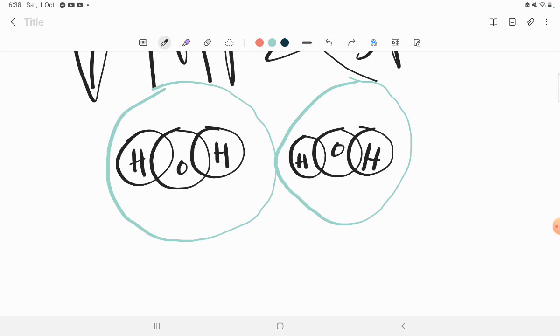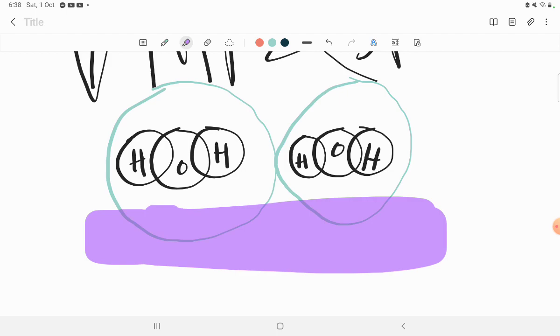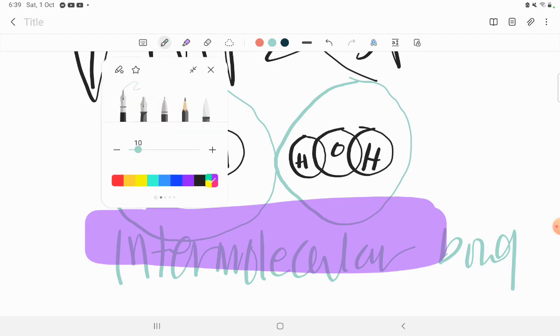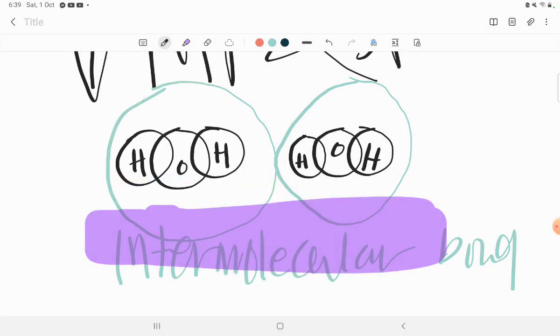because the bond here, we call it the intermolecular bond. The intermolecular bond itself is weak, lemah, but the covalent bond over here is strong.